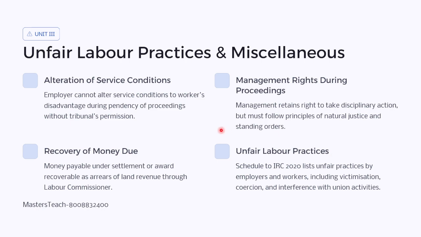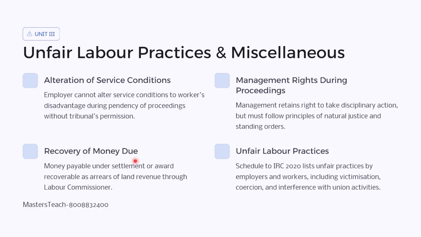Enforcement of decisions. Awards and settlements are binding, enforceable as a decree of a civil court, and non-compliance carries penalties under IRC 2020. So unfair labor practices and miscellaneous. Alteration of service conditions. Employer cannot alter service conditions to the disadvantage of workers during the pendency of proceedings without tribunal permission. Management rights during proceeding. Management retains the right to take disciplinary action, but must follow the principles of natural justice and standing orders.